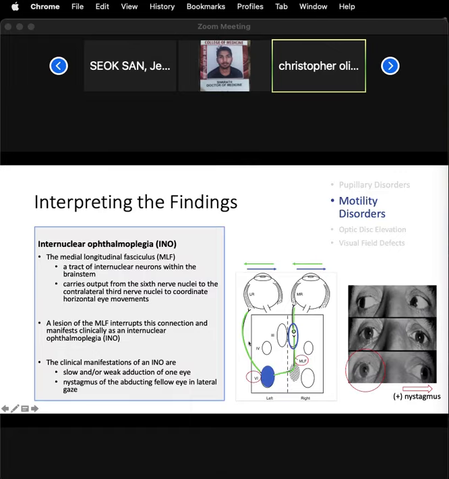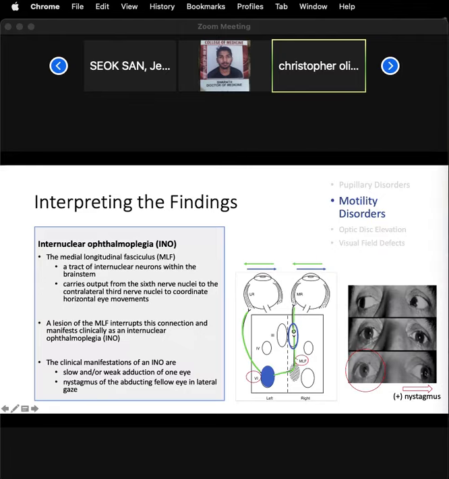So when you interrupt that, the patient will manifest with slow or weak adduction of one eye, and then nystagmus of the abducting eye. So when you ask this patient to look to his left, he doesn't move all the way to the left, and then the other eye presents with a nystagmus, the jerky to-and-fro movements.